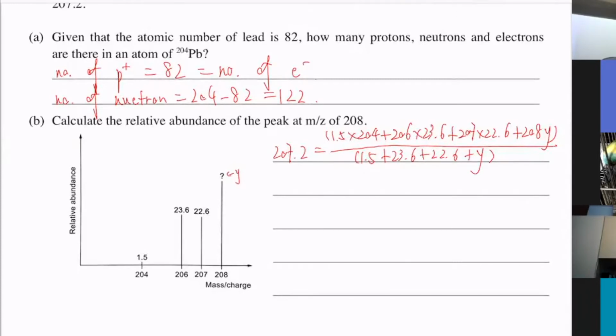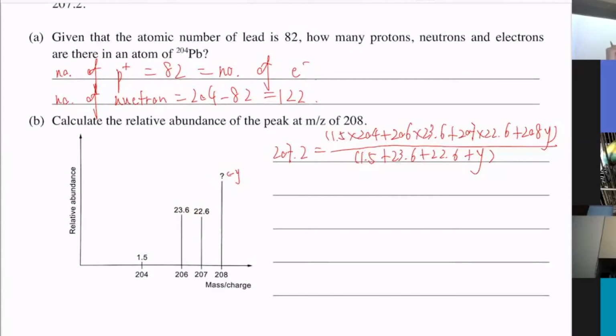You need to rearrange it, open the brackets, and work out the answer. From the graph, you expect your unknown should be higher than 23.6, right?